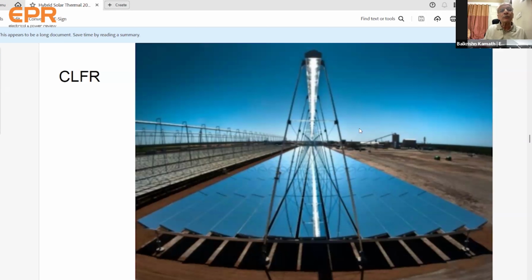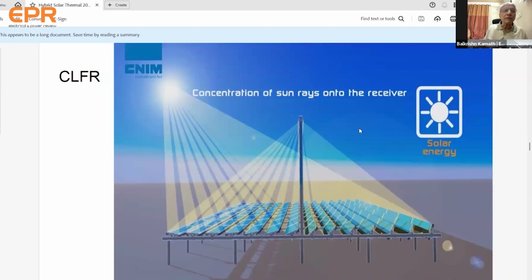You can make out that it's a bright white light. Here the temperature will go up to, say, 400 to 450 degrees. We normally run oil or water through these tubes, and that will become steam. Or if oil is going, it will carry heat, and in a heat exchanger it will convert water to steam.